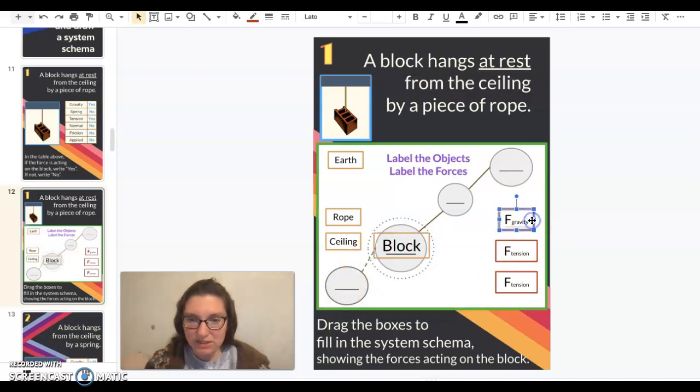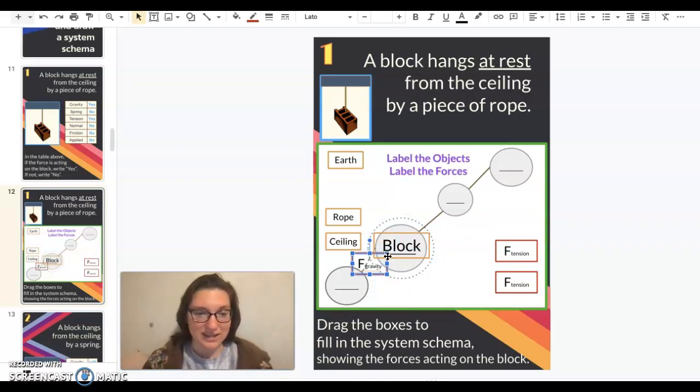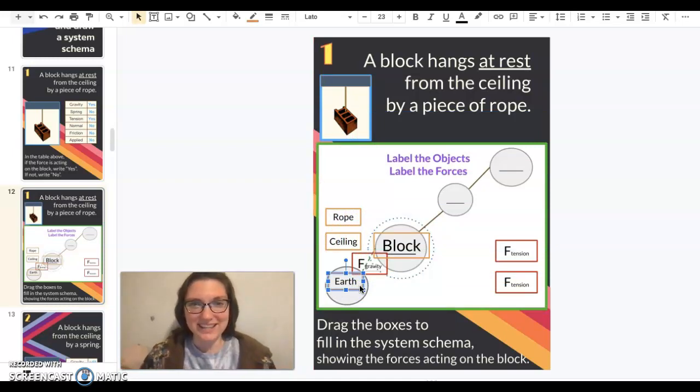So I have tension on both sides here and gravity as the other one. I know this one's going to be gravity because it's that dotted line which signifies a non-contact force, or an action-at-a-distance force, which means that this is going to be Earth. Earth is always going to be one of the bubbles here because that's what gives us the force of gravity.